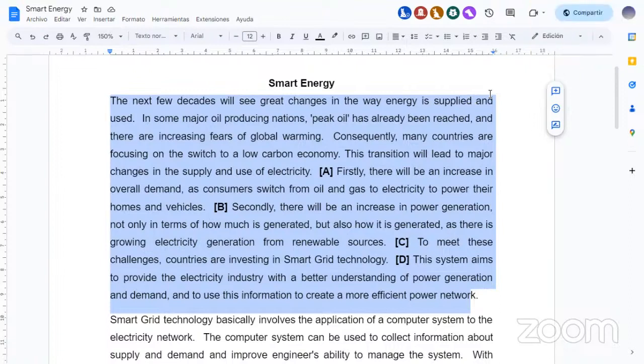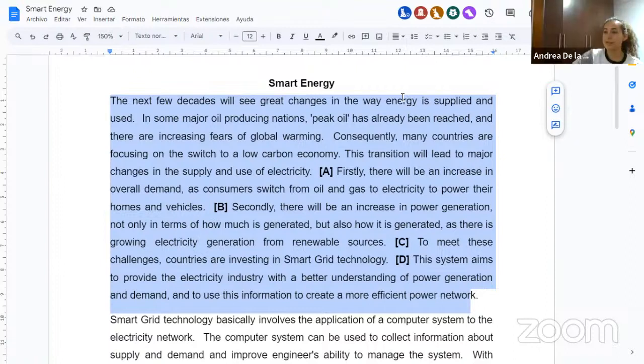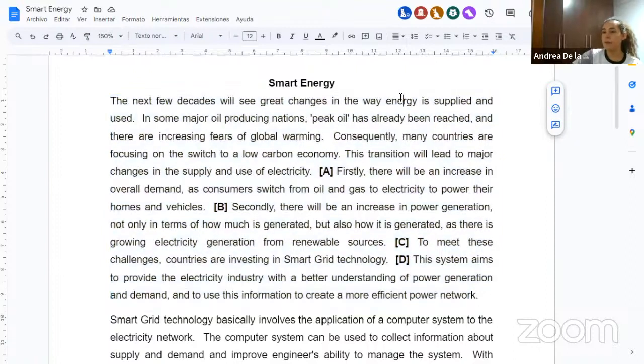How countries are investing in a smart grid because the energy is gonna change. Exactly. Great. So that transition that will happen between oil production and the way that energy is produced, supplied and used. And as you said, energy is going to change.